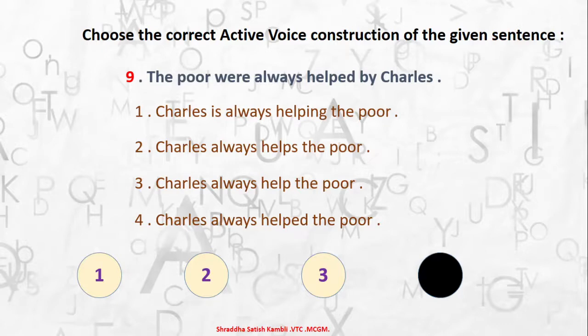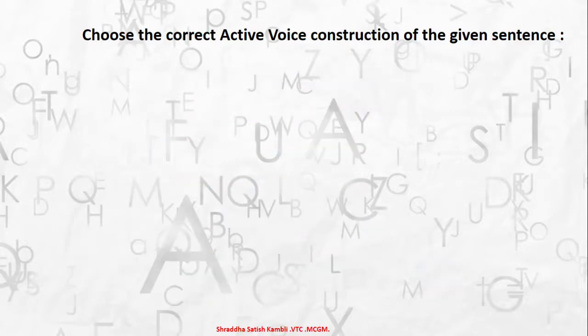Okay, let's go to the last question in this particular pattern, where you again choose the active voice construction of the given sentence. Question number 10. You have a story will be written by me.